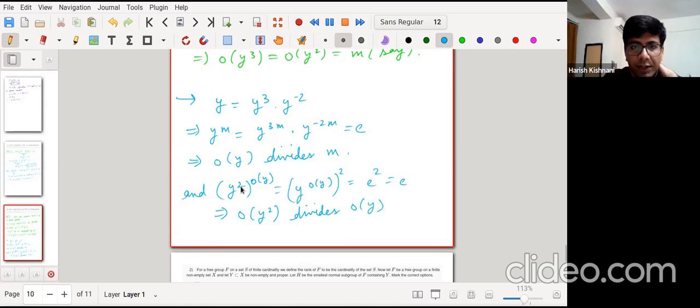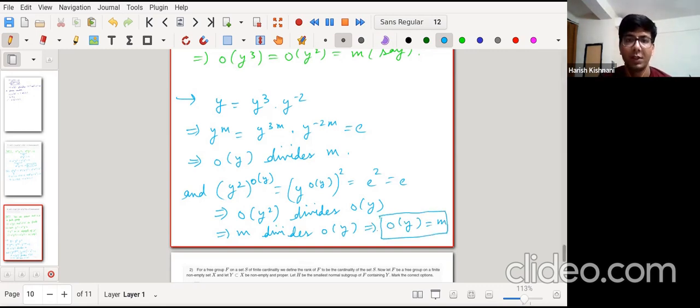If it is y^n raised to order of y, then y raised to order of y, raised to n, is e raised to n, that is e. So order of y^n divides order of y for any n. And this implies that m divides order of y. Order of y square is m, and order of y divides m, and m divides order of y, both combined imply that order of y is m.